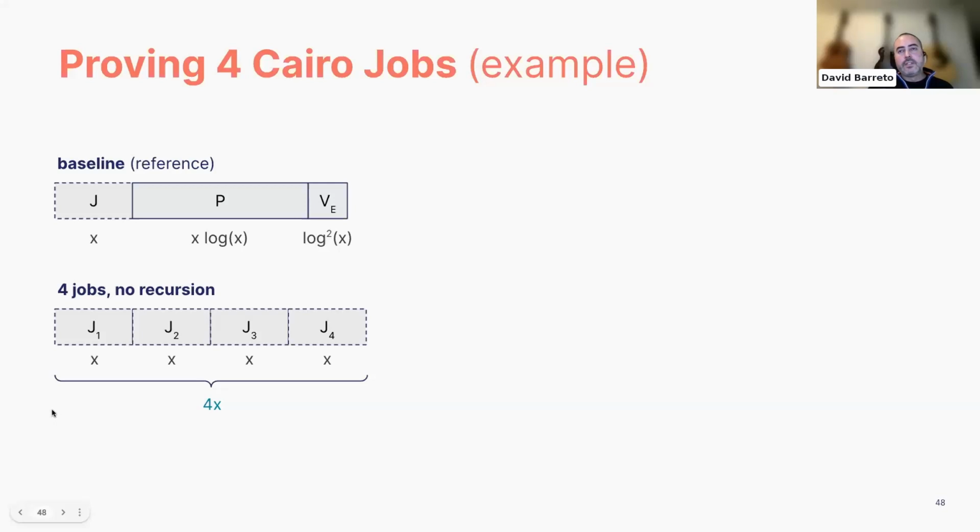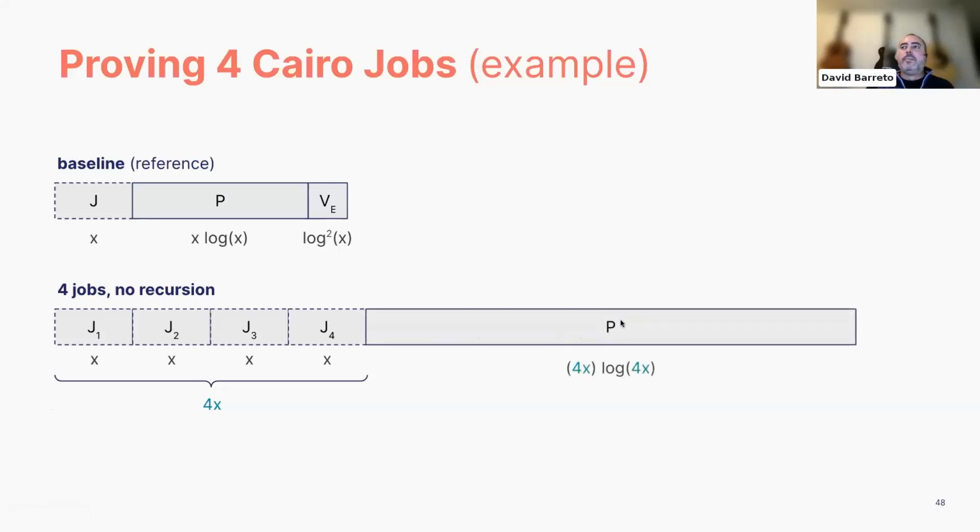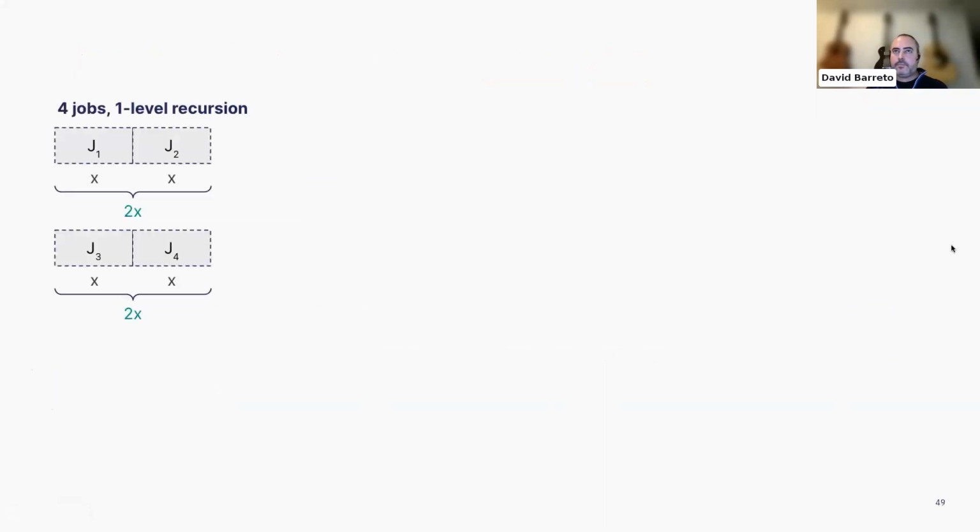If you do it in sequence, now your baseline job is 4X instead of just X. The proving of these 4 Cairo jobs in sequence will be 4X log X. It's basically X log X, I just replace what X is in this scenario. It's a new value. While the verification will be log squared of 4X. There's some math here, but just keep in mind, it's just replacing values, nothing too fancy. So if we were to execute this in sequence and prove them in sequence, these are the values we get.